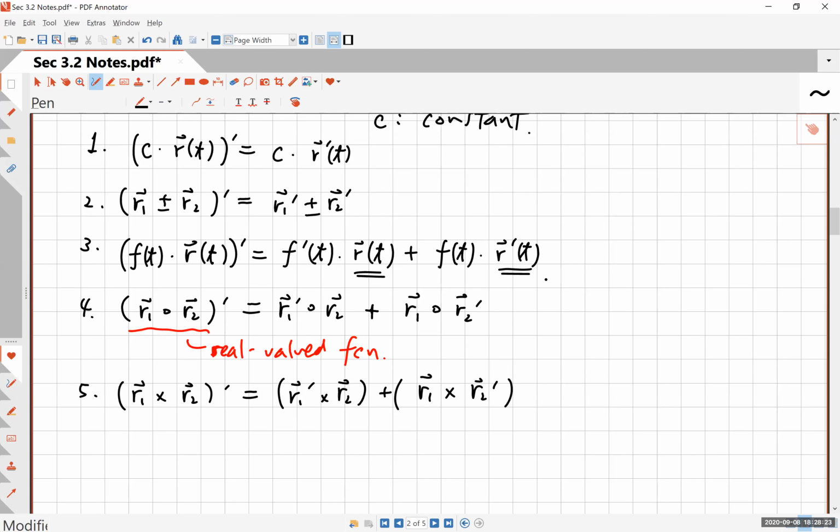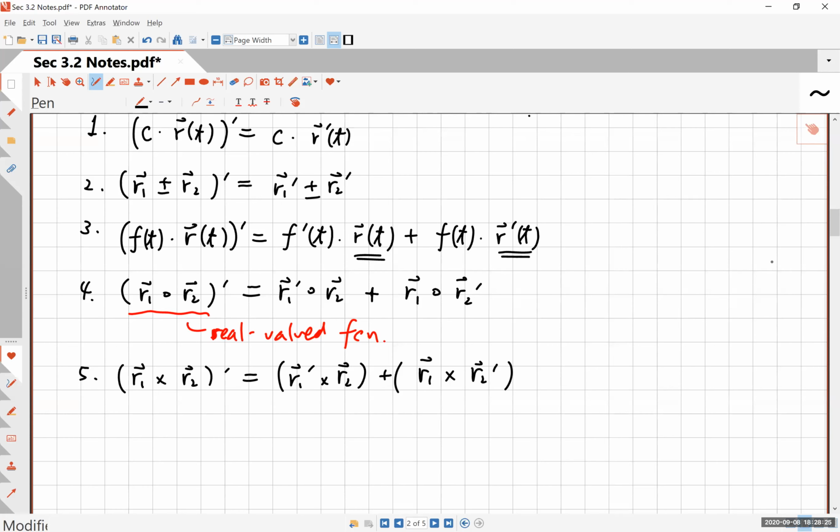There is a version of the product rule for a scalar product of a vector valued function, the dot product of two vector valued functions, and the cross product of two vector valued functions in 3 dimensions, of course. So these are all now called product rules because they all seem to be similar, right?